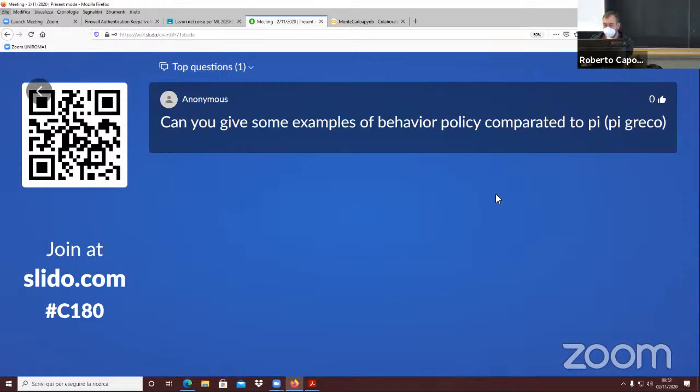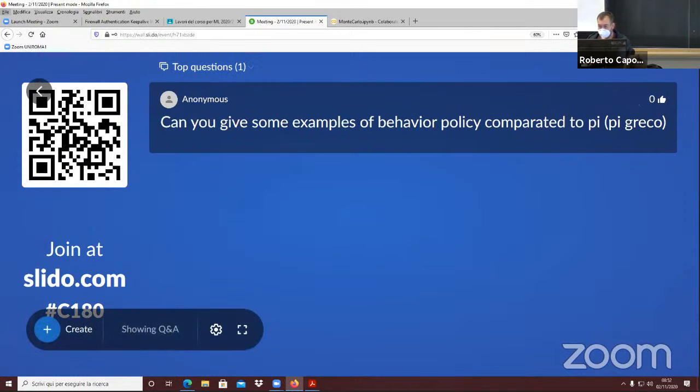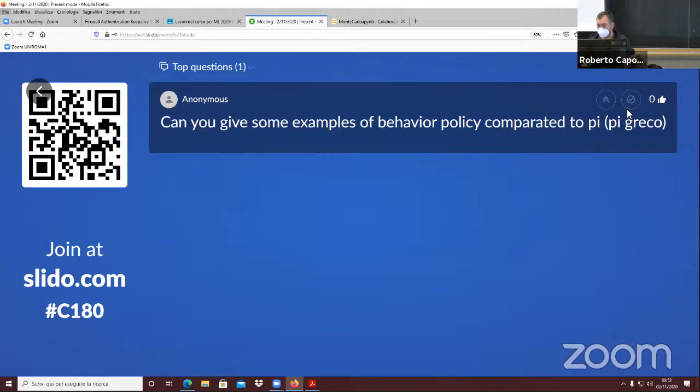Can you give some examples of behavior policy compared to pi? It's what I just did, right? I think I've given one clear example, even with numbers. Again, the behavior policy: I gave an example with 0.9 probability of the agent moving forward and 0.9 probability of the target policy moving backward.